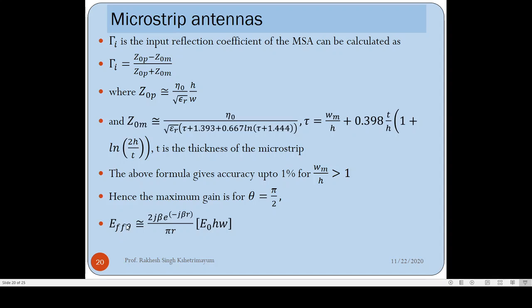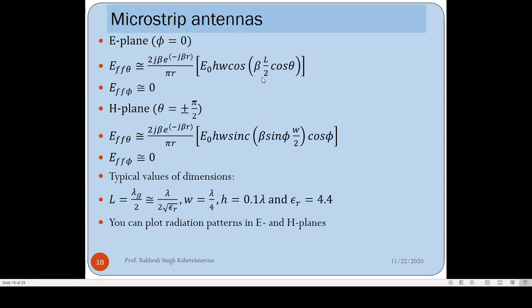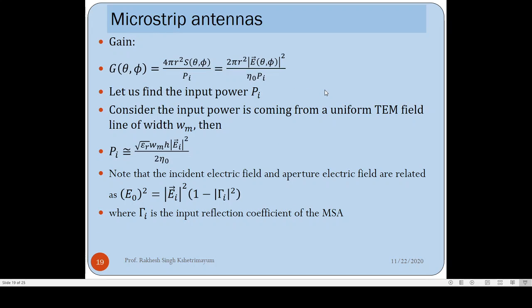So we have the electric field in the far field. Maximum value will be when theta is equal to pi by 2. This is the maximum value for the electric field, 2j beta exponential minus j beta r divided by pi r, E naught HW. When theta is equal to pi by 2, this term becomes cos of 0, which is 1.